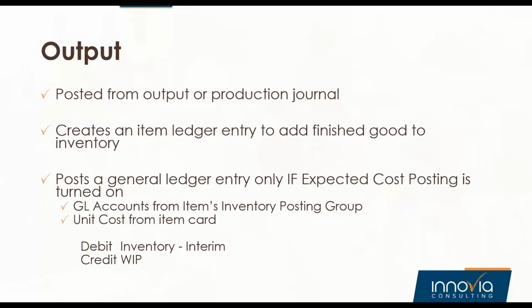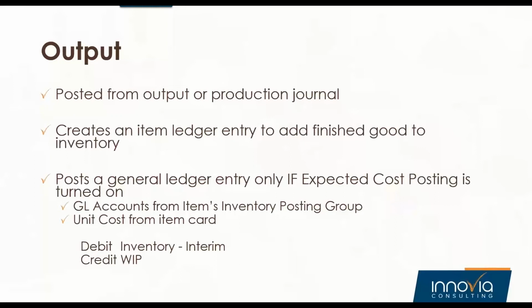All right. So finally, we have output. We are going to output our finished goods. Again, output can be posted from an output journal or the production journal. When posted, it immediately creates an item ledger entry to add the finished good to inventory. And it posts a general ledger entry at this point in time only if expected cost posting is turned on.